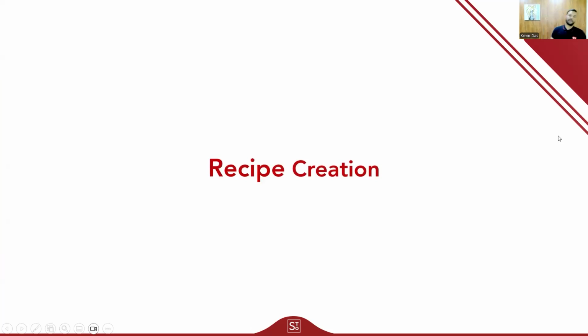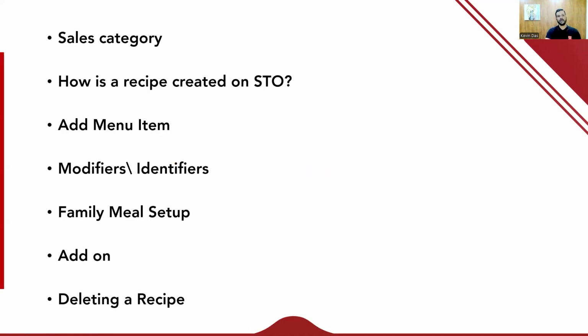Coming to recipe creation, similar to a batch, but different in itself. We will cover sales category, how a recipe is created on STO, the add menu item for standalone products, or from products where we can go ahead and divide them.